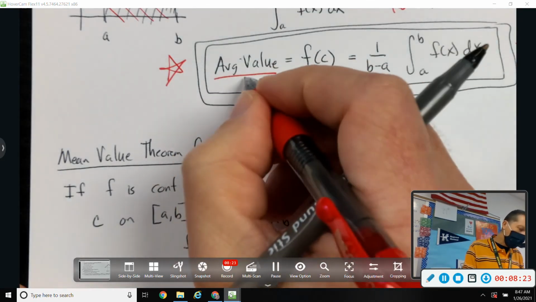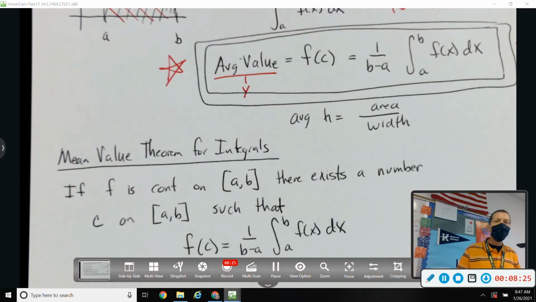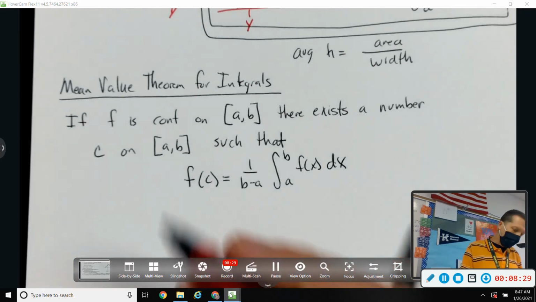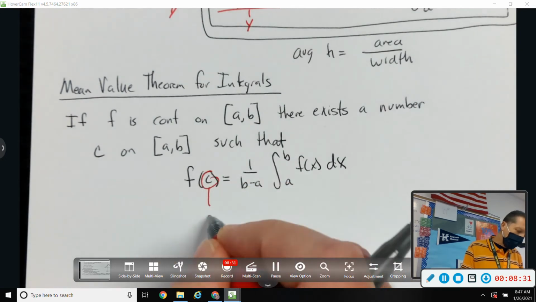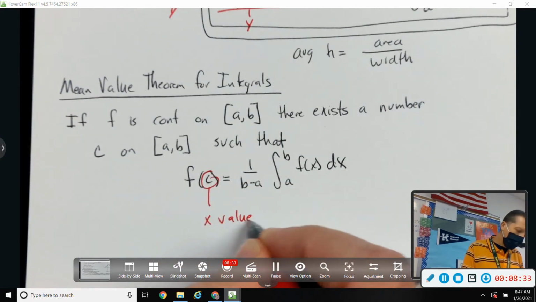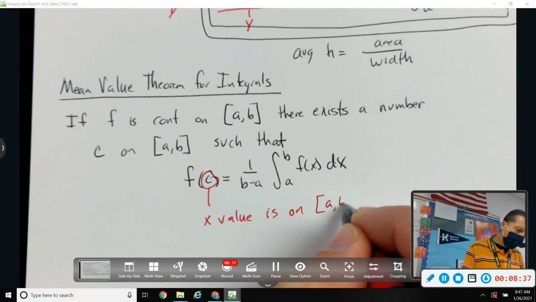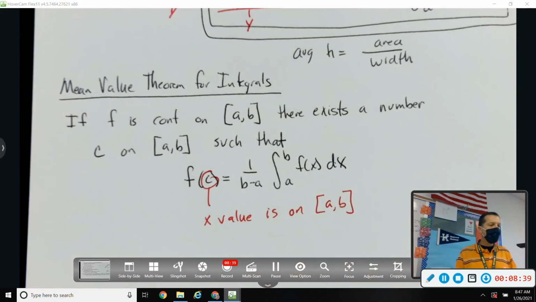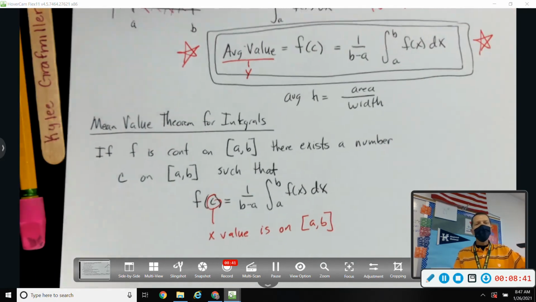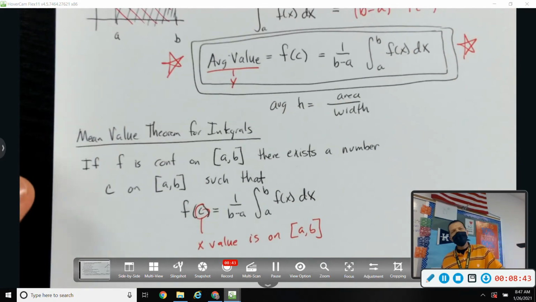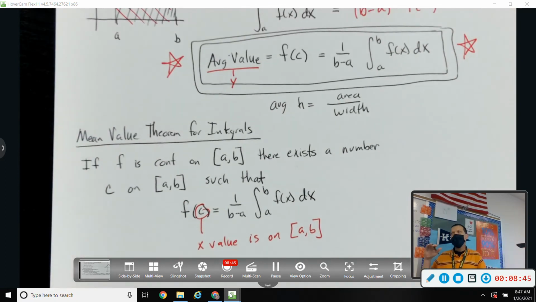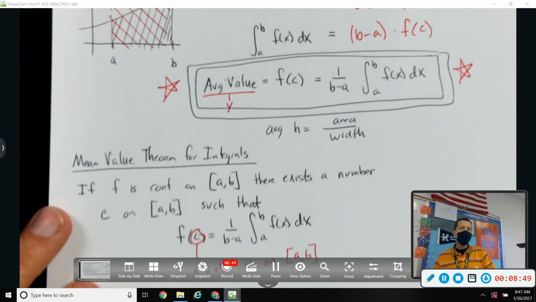So the average value basically tells you the y value, the average height. The mean value theorem says that C, the x value, is on your interval. The average value tells you the average height. The mean value theorem tells you that height occurs somewhere on the interval.